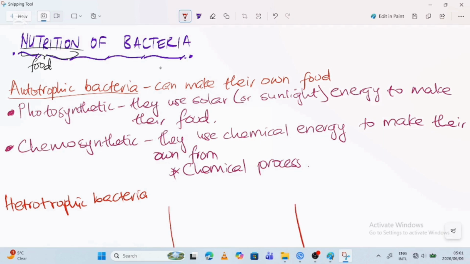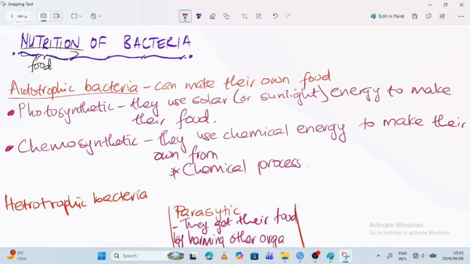We have parasitic, meaning parasitic actually means they get their food by harming other organisms, right? Those are parasites.